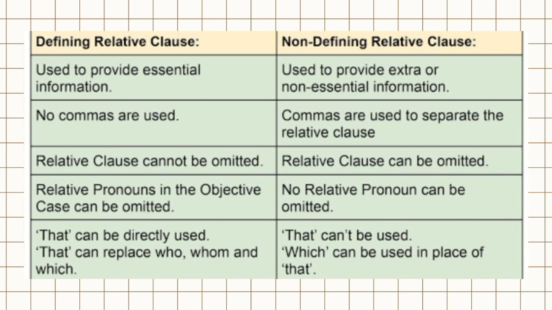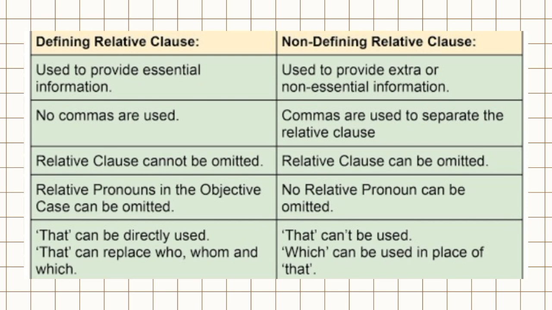And the third is that the relative pronoun cannot be omitted if it is the subject in a defining relative clause. But in a non-defining relative clause, the relative pronoun can be omitted if it is the object. And the fourth is that relative pronouns in the objective case can be omitted in defining relative clauses, but relative pronouns cannot be omitted if they are in non-defining relative clauses.